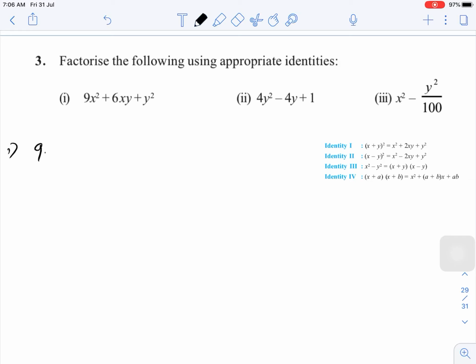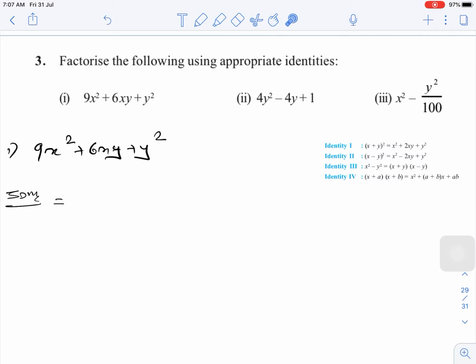So we are given 9x square plus 6xy plus y square. Solution: whenever we are supposed to factorize the given terms, check the terms properly. Here the first term is a perfect square. The last term is also a perfect square.